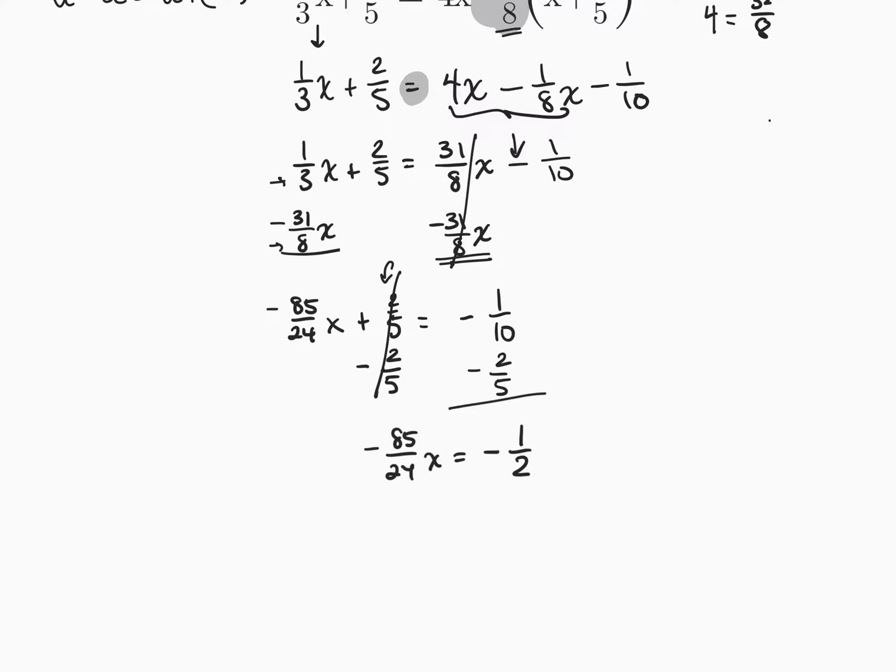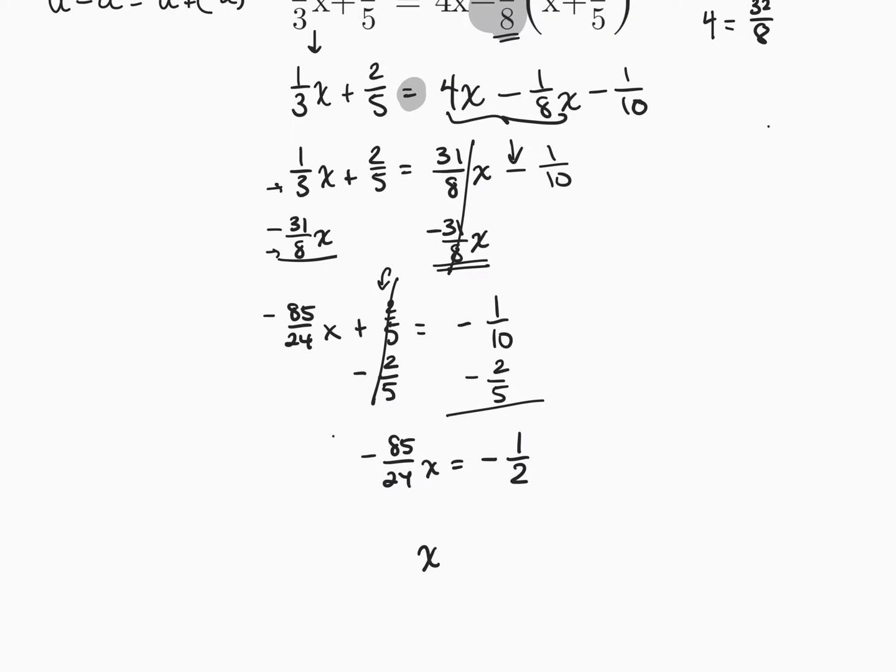So my goal is to make this a 1x. The way I can make it a 1x is the property I talked about before: if I multiply a number by its reciprocal, it creates the number 1. So as opposed to dividing by another fraction, I'm going to multiply by its reciprocal. The reciprocal is just taking the numerator and the denominator of any number and switching them.